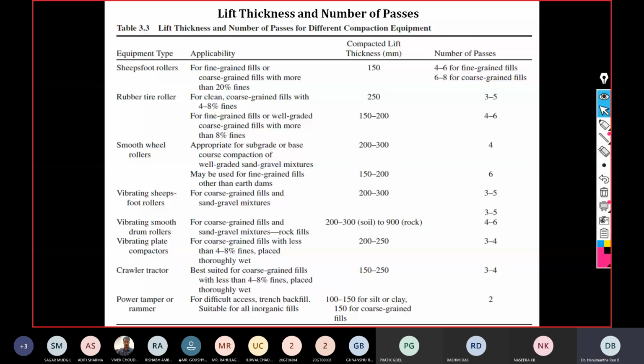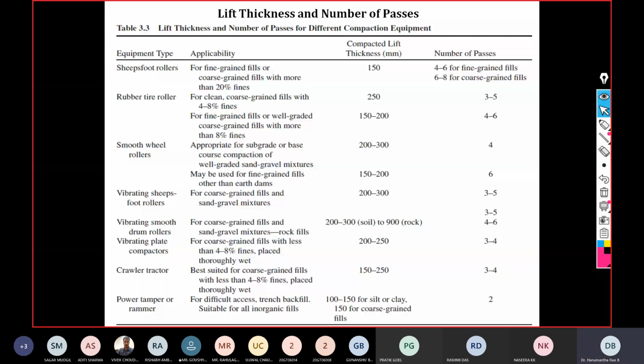For example, if you take a sheepsfoot roller and you are dealing with fine grain fills or coarse grain fills with more than 20% fines, you must go for a minimum lift thickness of 150 millimeter, and the number of passes is 4 to 6 for fine grain fills.